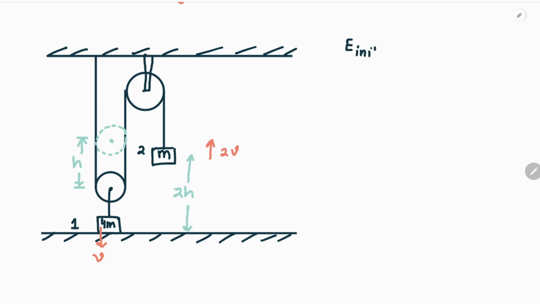Initial energy of the system must be equal to final energy of the system. The initial energy consists of kinetic energy initial plus potential energy initial. This must be equal to kinetic energy final plus potential energy final.